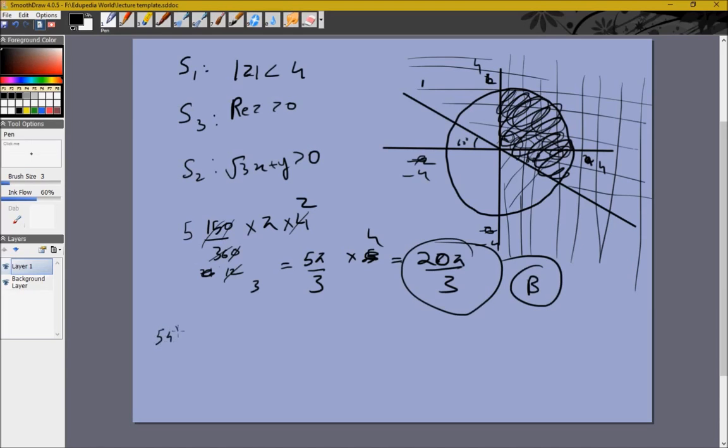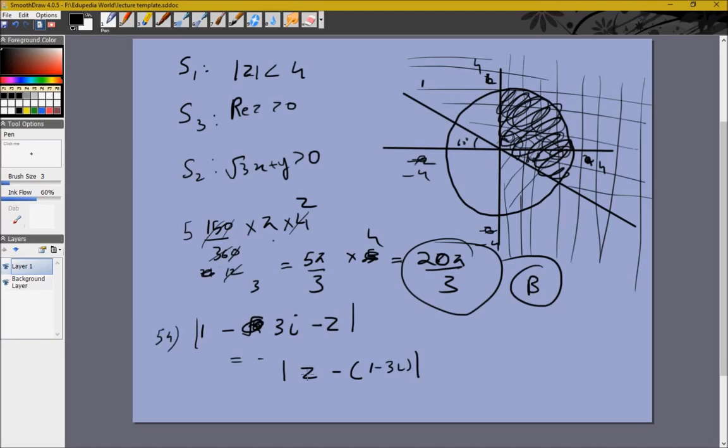Let's look at 54, which is based on the same paragraph. You want the minimum value of the mod of 1 minus 3 iota minus z, which can be written as the mod of z minus 1 minus 3 iota.